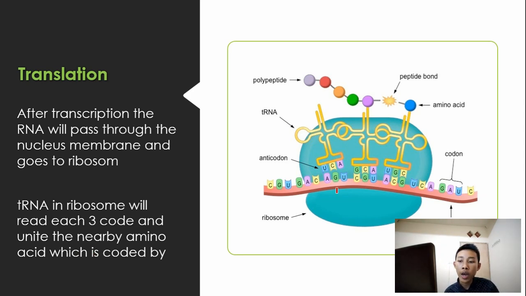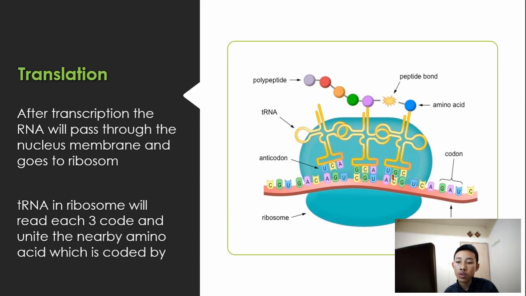So this is the messenger RNA after transcription, and the yellow one is transfer RNA, which will read each 3 codes of the messenger RNA. So we can show, for example, this is ACG.